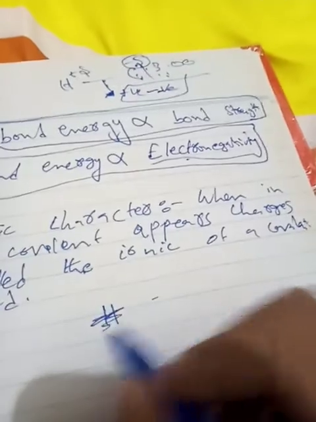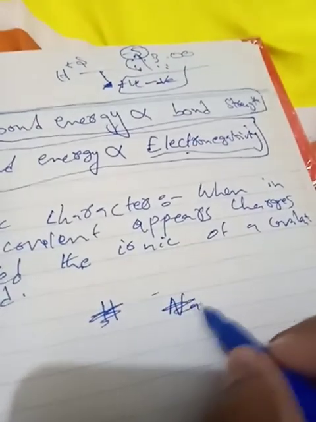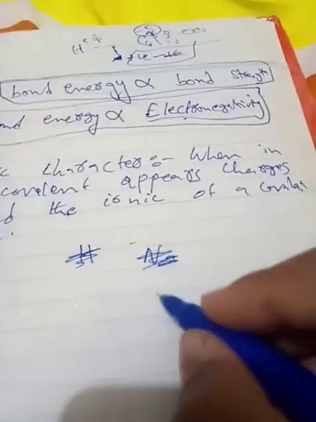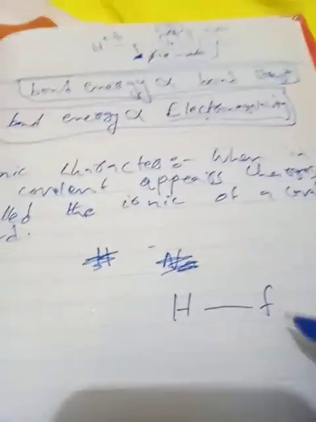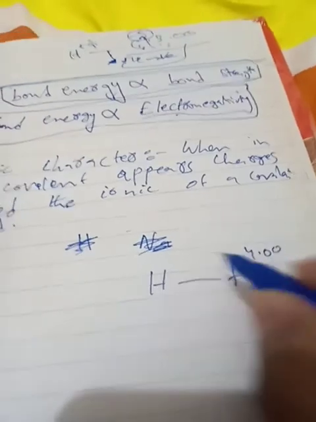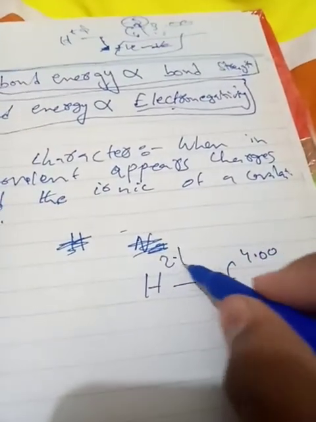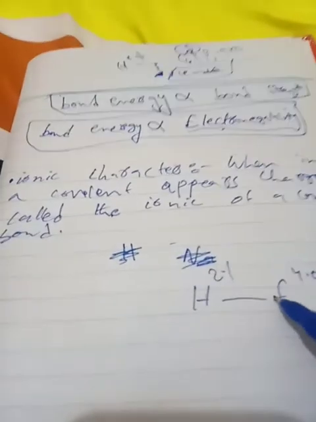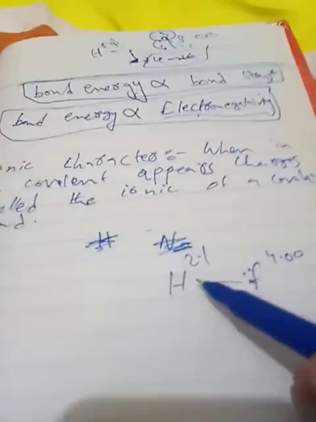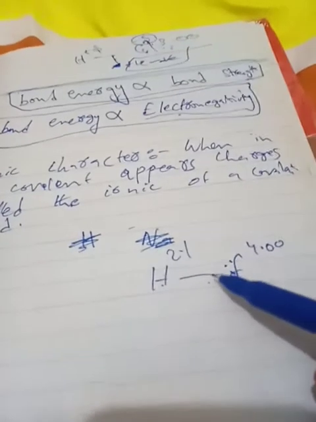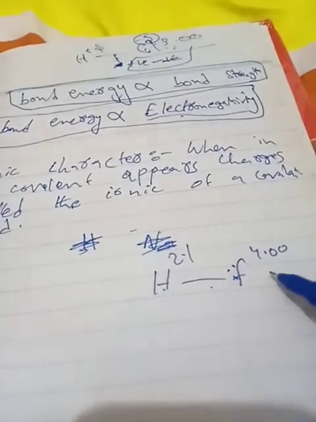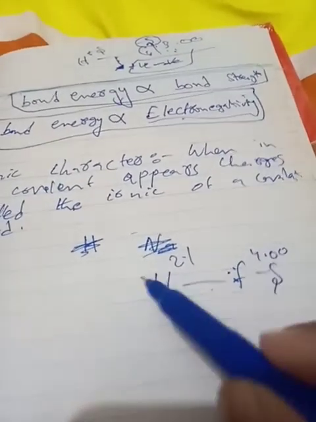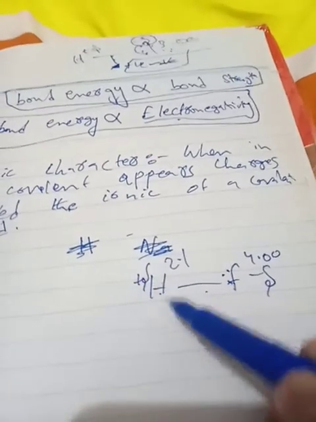I'm giving another example, HF, hydrogen fluoride. Here the electronegativity of fluorine is 4 and the electronegativity of hydrogen is 2.1. Fluorine will try to snatch the electron and will get a partial negative, and hydrogen will get a partial positive.